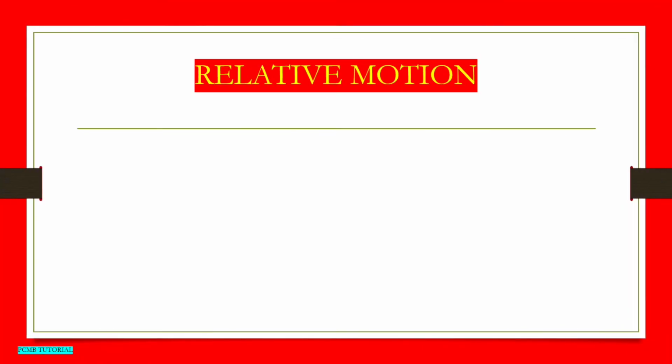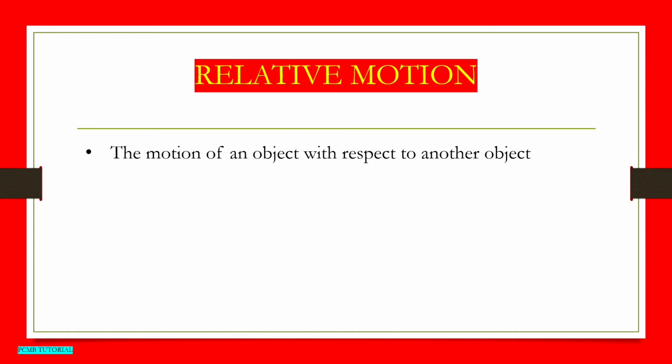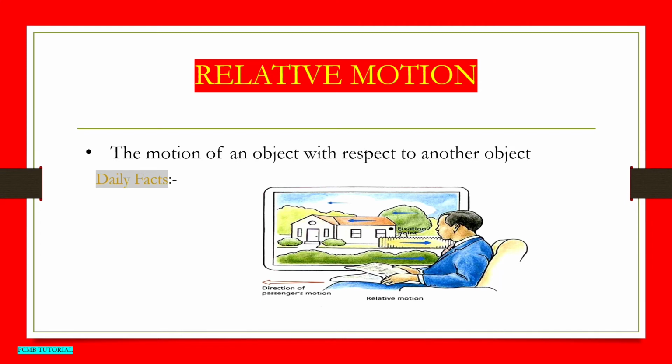Next, we are moving to relative motion. So what is relative motion? The motion of an object with respect to another object is known as relative motion. This is a very common fact in our daily life.